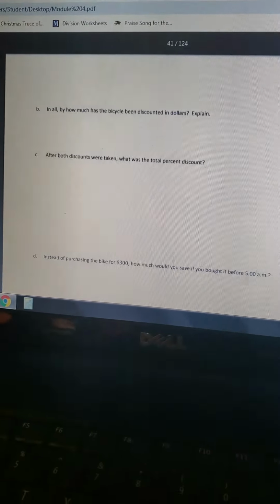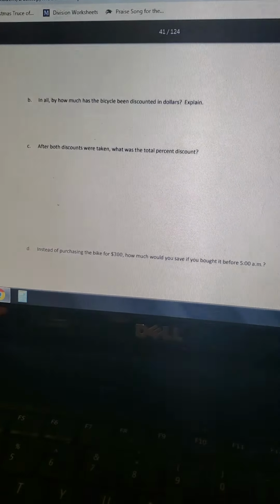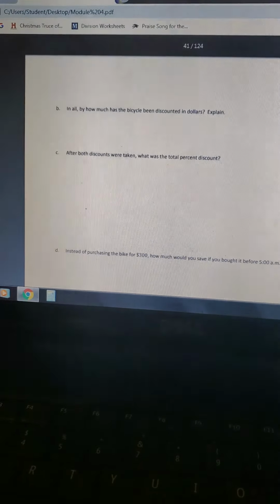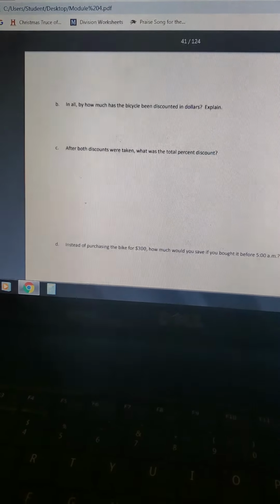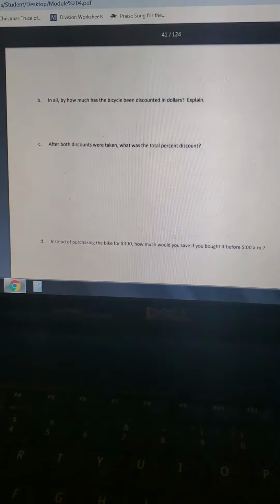And now we need to take another 10% off the price of the bicycle. Okay, so that's the next step here. That's letter C. So we have to figure out what the price of the item is so that we can figure out what the percentage of the discount is. Okay, so go ahead and write your equation to find what the price is with the additional 10% off.